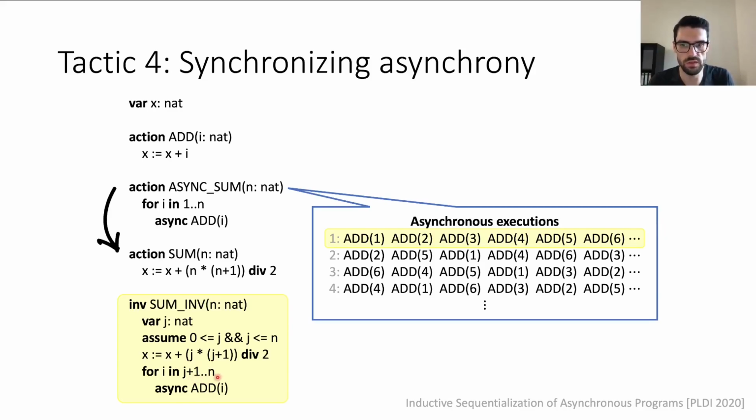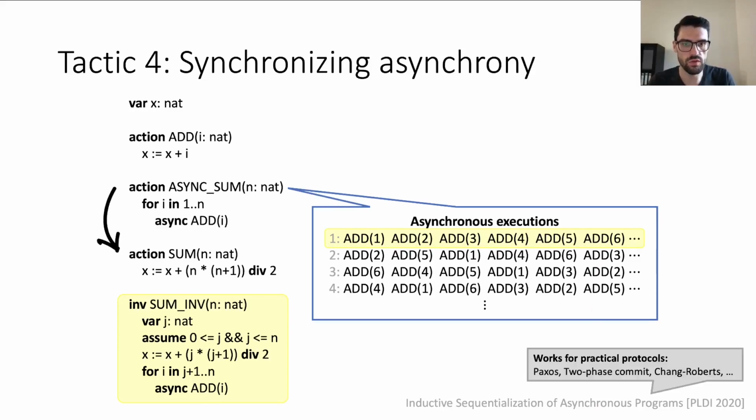So it really just specifies the individual intermediate states of this single execution. And we showed that this proof technique actually works for realistic practical protocols like Paxos, two-phase commit, and so on.